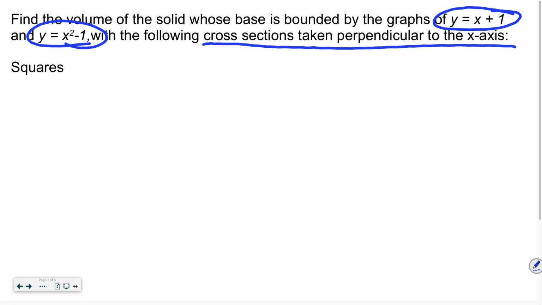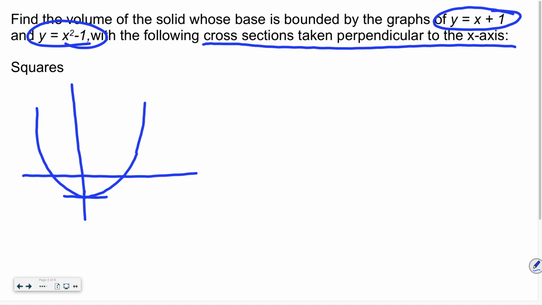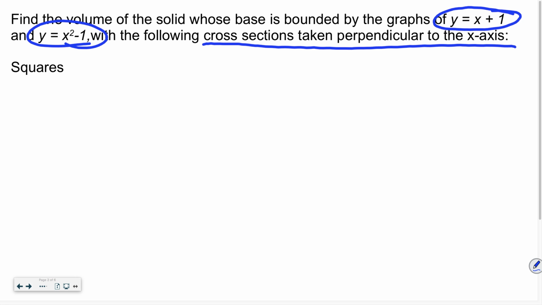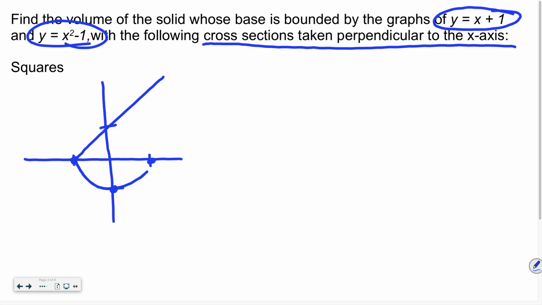And then go ahead and draw that region. Looks like this.